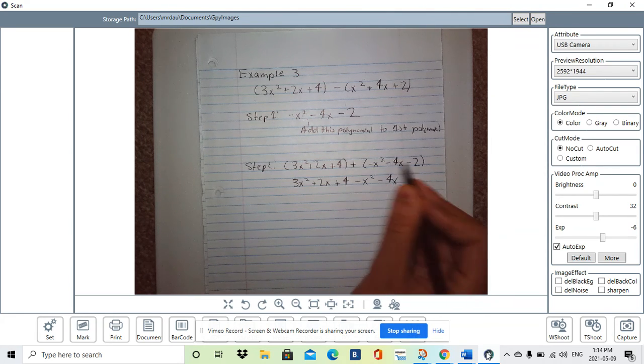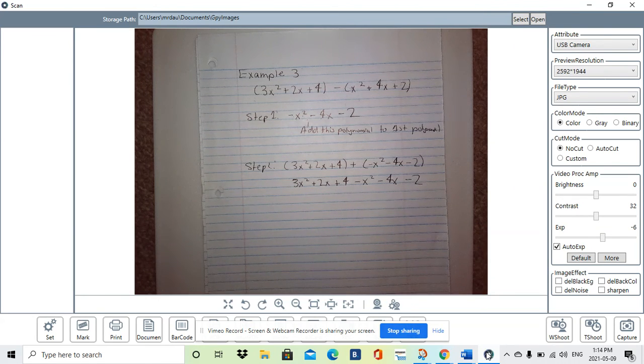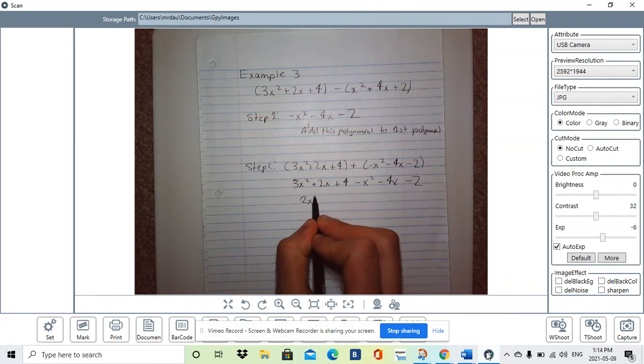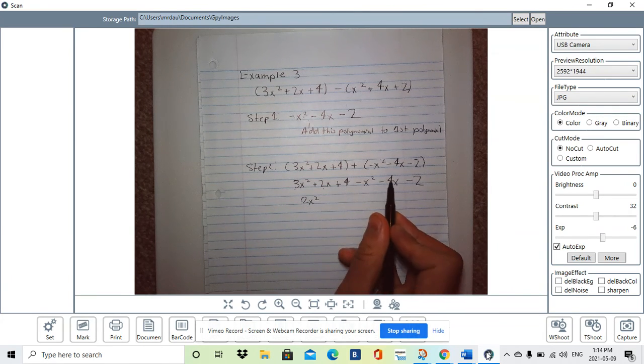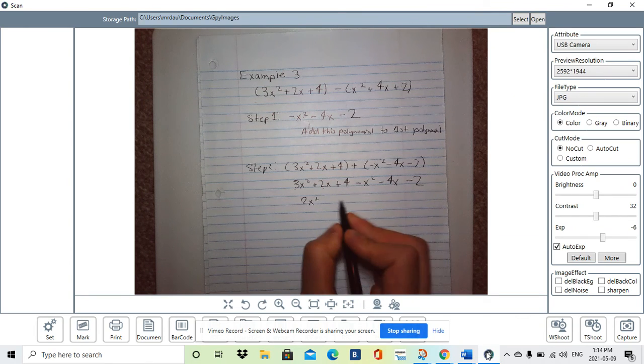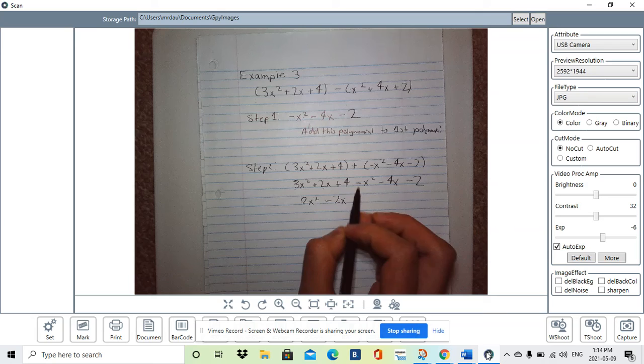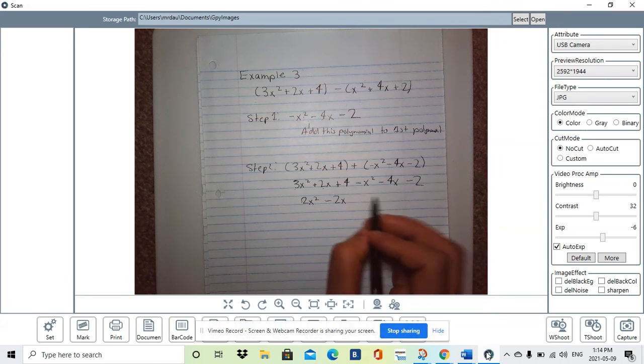And plus negative 2 is equal to negative 2. Okay? Now we collect the like terms. 3x squared minus x squared, so we get 2x squared when we subtract the coefficients. 2x and 4x are like terms, so 2x minus 4x is negative 2x. Okay, and finally, 4 minus 2 is equal to 2.